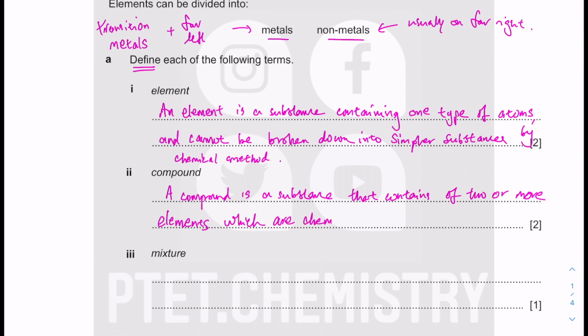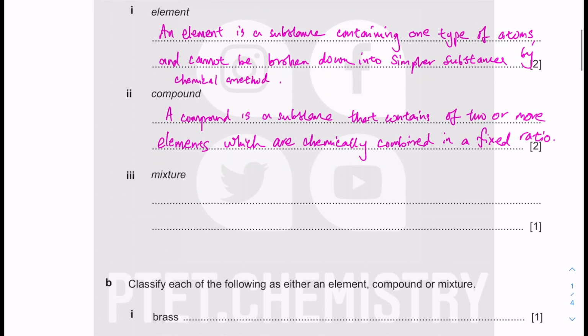And what is important is that for a compound, they're chemically combined in a fixed ratio. That's why when we have a formula of a particular compound, it shows how many atoms of this particular element and how many atoms of the other element. Because of the 2 marks for each of these, it's important for us to specify as much information as possible. So these are further characteristics of a compound, chemically combined in a fixed ratio.